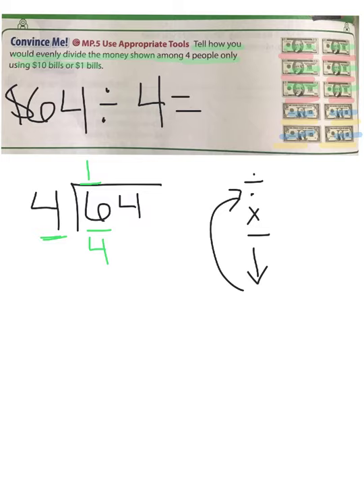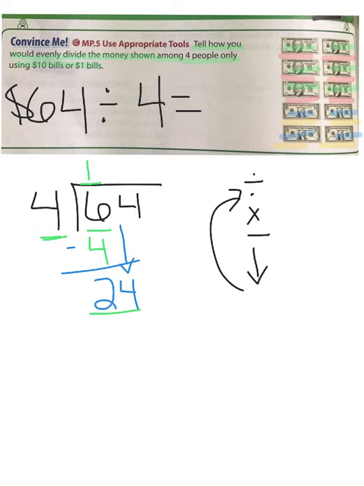So I have divided, I have multiplied, my 4 times 1 is 4. Now I'm going to subtract. 6 minus 4 is 2. And then I'm going to bring down the digit to the next place, which happens to be our ones place, and is a 4. So now we have a new dividend of 24. So now we're going to start over.